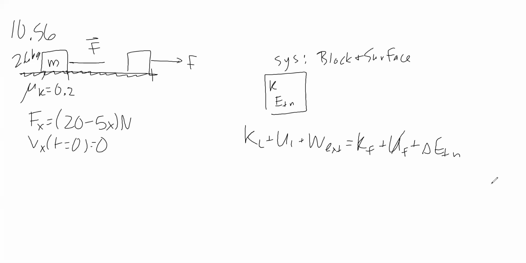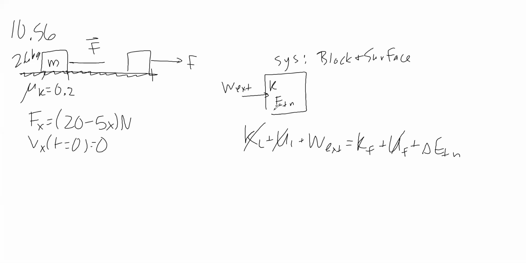There's no potential energy, and the initial kinetic is 0. So the way we look at it is that the force does a positive amount of external work, and that not only increases the kinetic energy, but also increases the thermal energy shared between the block and the surface.